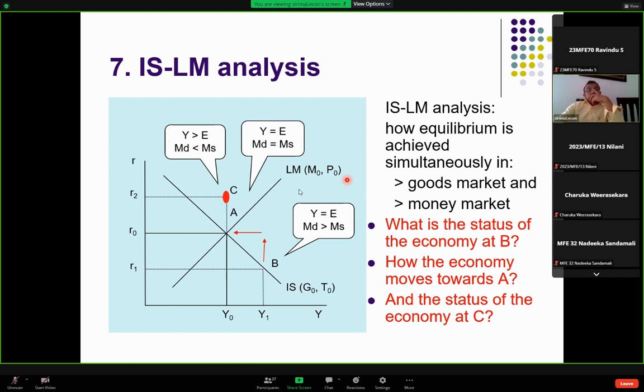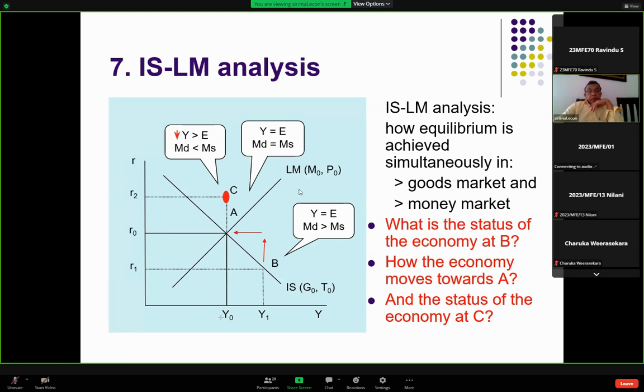This movement is difficult to understand by looking at this graph because both markets are not in equilibrium. There is excess supply in the output market. There is excess supply in the money market too. Whenever there is excess supply in the output market, output should decline in the Keynesian view.